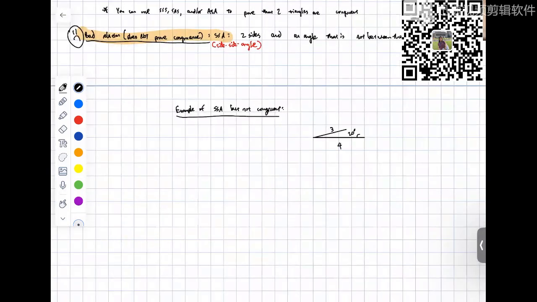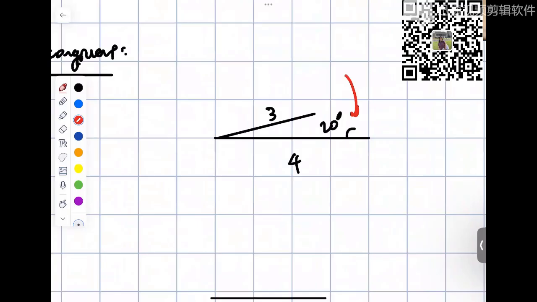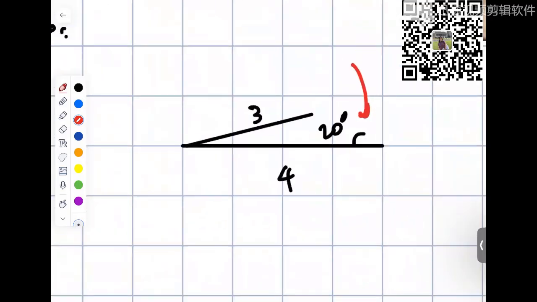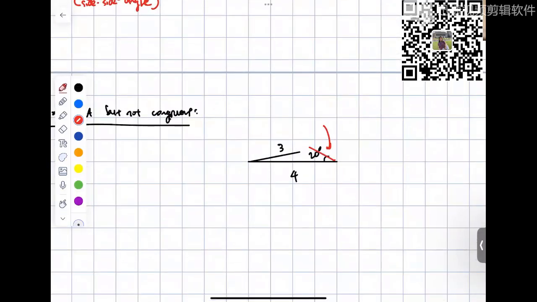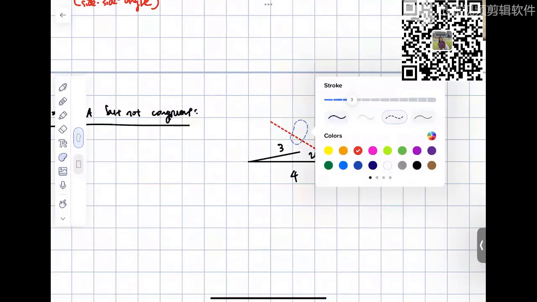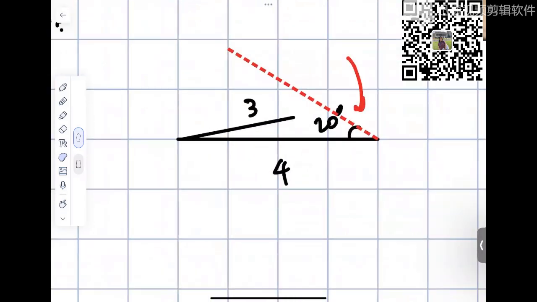Right? When I draw this 20-degree angle, you don't know how long the third side is, because SSA means that you don't know if the third side is congruent. So I should draw a dotted line to show that you don't know what this third one is. It's unknown. So this would be about right, right?